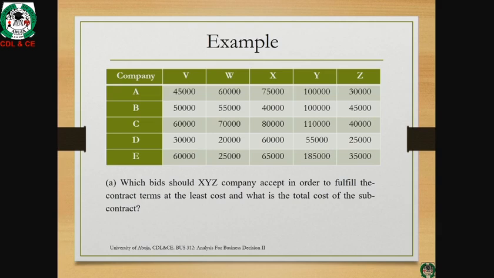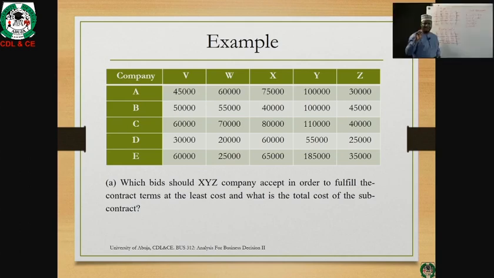Original cost matrix, please. B should be given X. What do we have? B to X, we have 40. C should be given Y. What do we have? C to Y, we have 110.